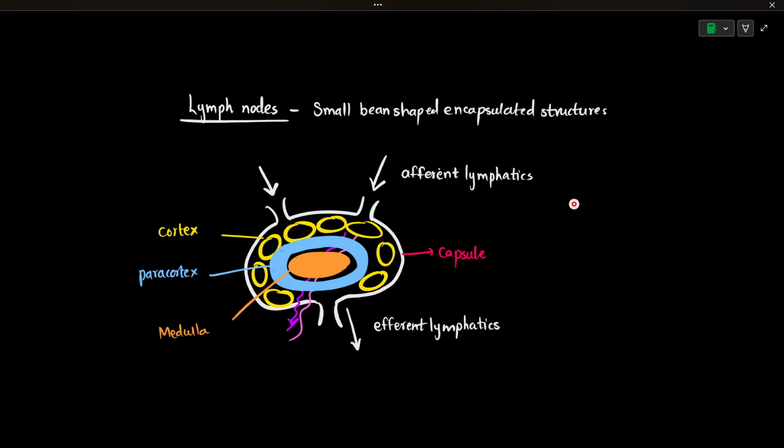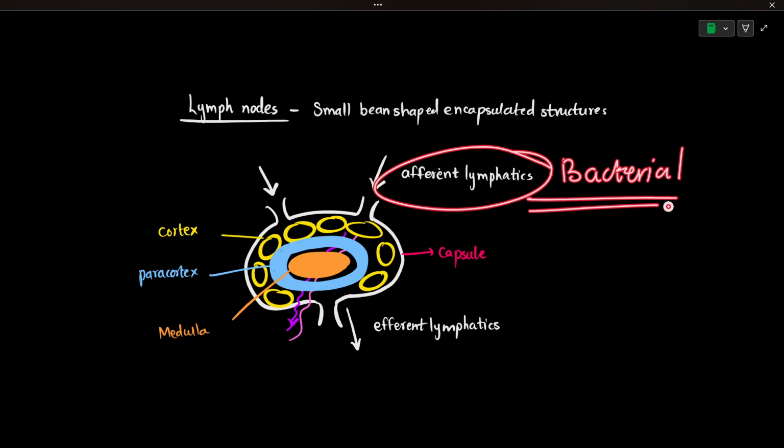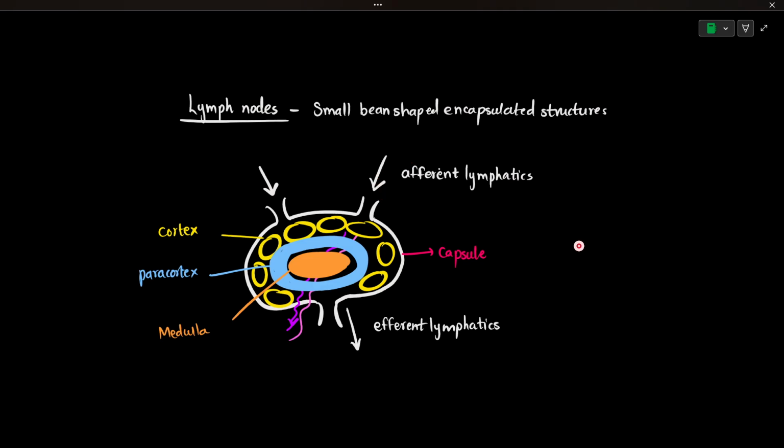So there has been an infection in the tissue. Let's say it is a bacterial infection. The afferent lymphatics can either bring the whole bacteria, the bacterial particles, or bring the processed antigens through the antigen presenting cells.